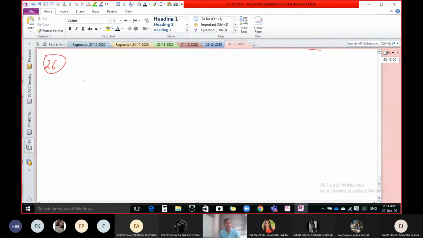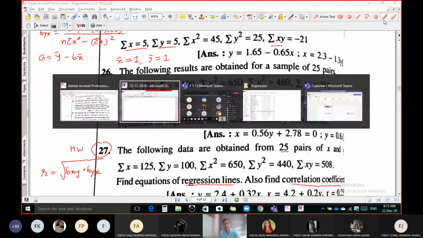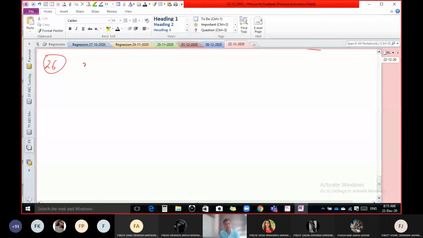Now see, first thing, we have 25 pairs of observations. That means we have 25 values of x and y, and we calculate sigma x, sigma y, then x square, y square, and x into y.